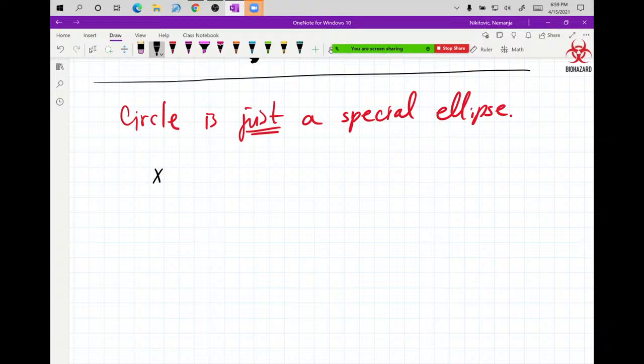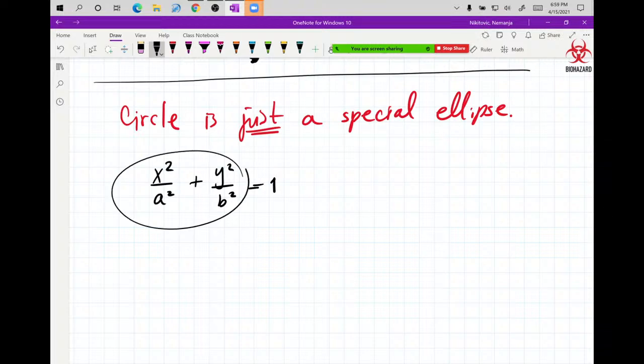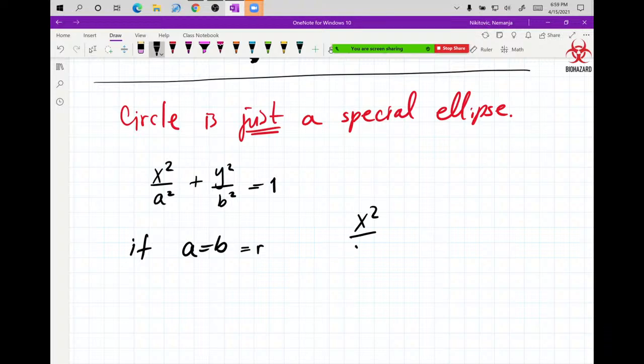So if your equation for the ellipse is x squared over a squared plus y squared over b squared is equal to 1, find the common denominator, which is a squared b squared, and then, oh no, hold on, you don't have to do it that way. You can just say if a equals b, and let's say equal to r, then your equation turns into this.